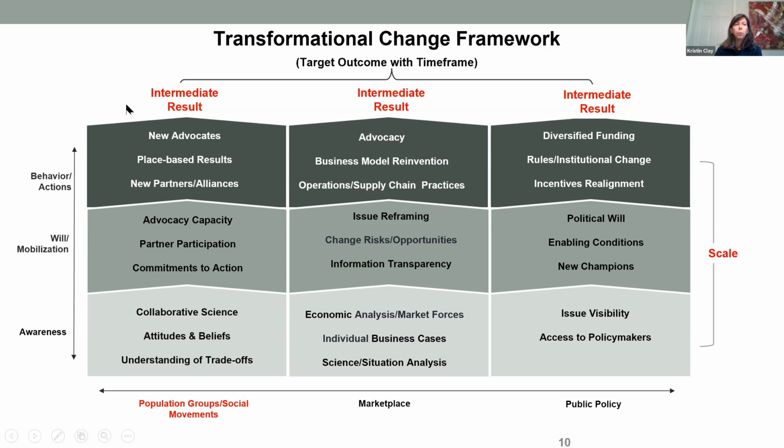Along this axis, we had different dimensions of change: you need to change awareness, you need to work on people's will and motivation, and ultimately we're trying to get to some kind of behavior change and action. Across the bottom, we had different sectors. This one previously started out just saying communities, and then we expanded to population groups and social movements. Now we've taken out communities, not because they're not important, but because that's really captured in population groups.